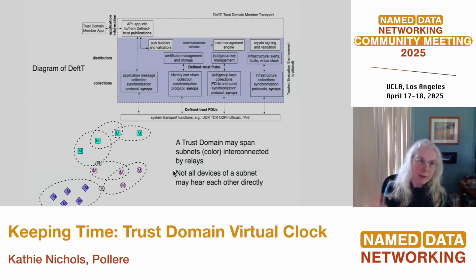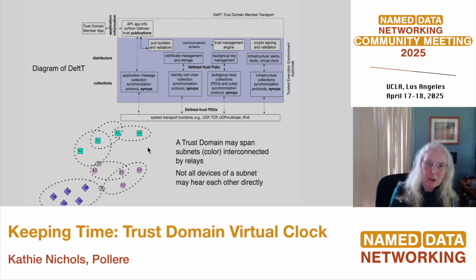The different subnets could be different types of media. It could be Bluetooth and Wi-Fi or something, but it could also just be different subnets that are defined in other ways. But the important thing to keep in mind is that not all the devices on a subnet could hear each other directly.